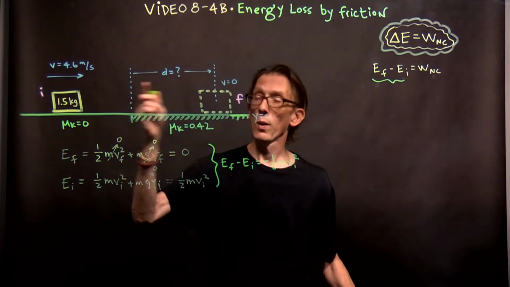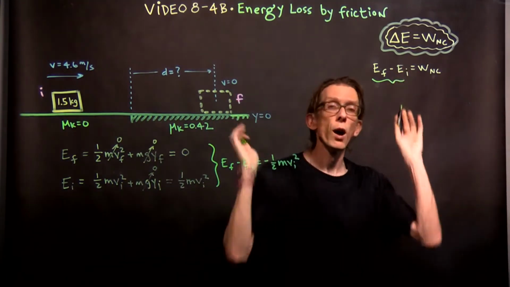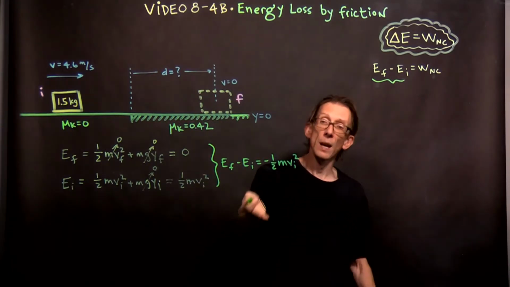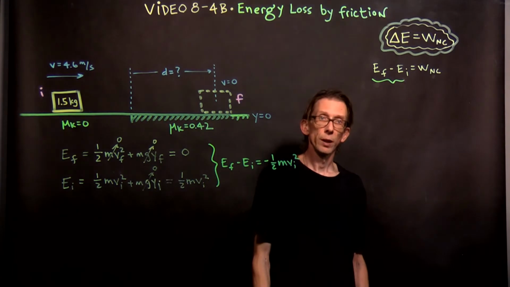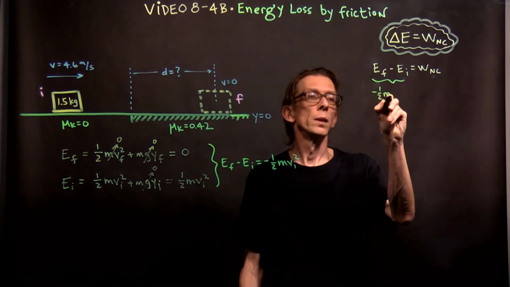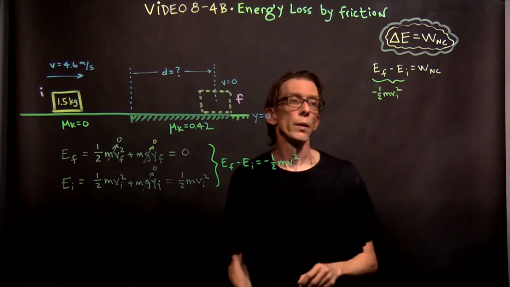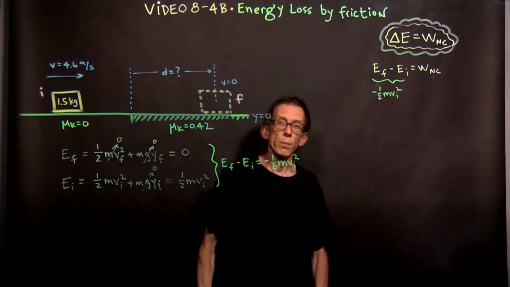We're given the mass, 1.5. So that number on the left-hand side, we know completely. It's very simple. Negative 1/2 mvi squared. Done, except for plugging in the numbers.